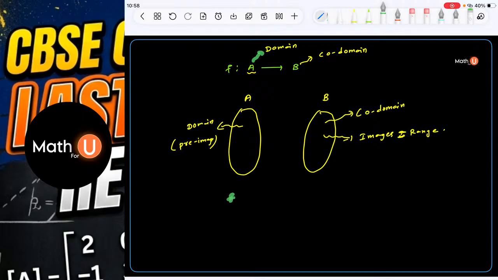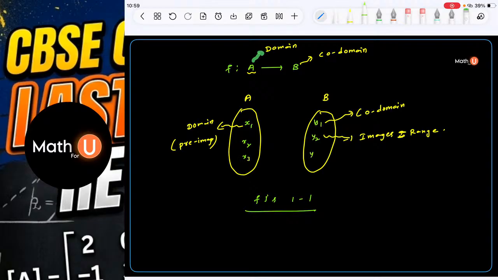If you want to say the function is one-one, then whatever elements belong to the domain, for example x1, x2, x3, are mapped to y values y1, y2, y3 in the codomain.